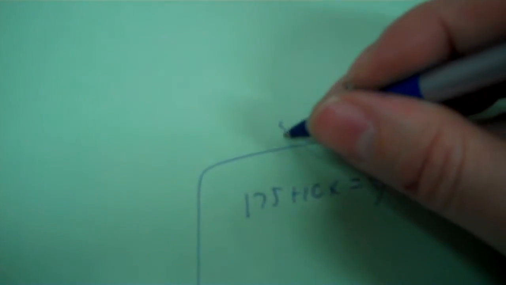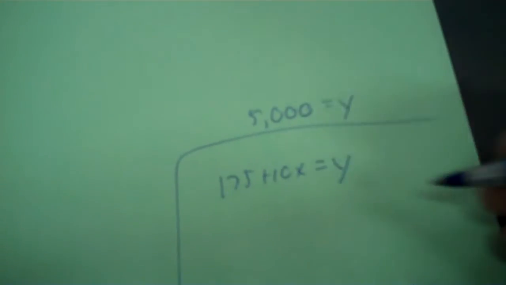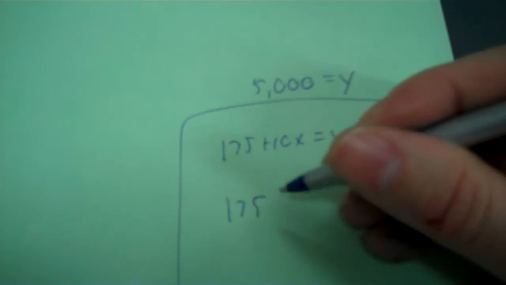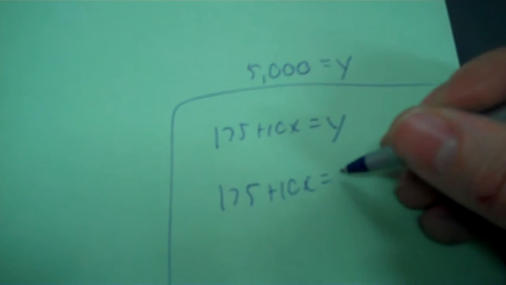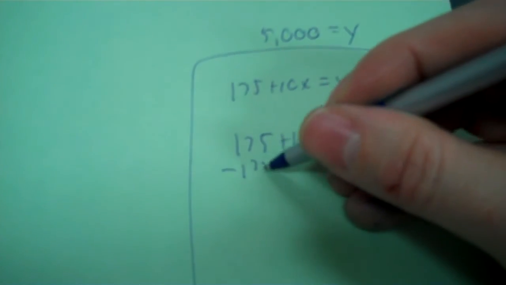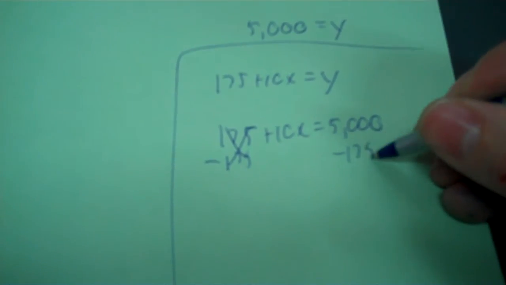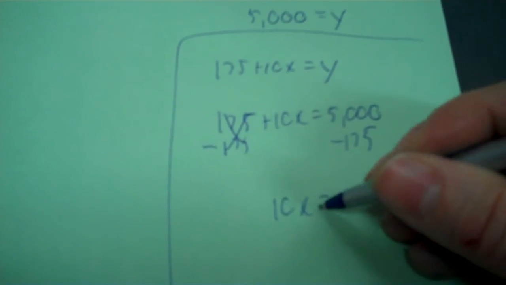And I need to put the 5,000 pieces in place of the Y, okay? Okay, so I take that out, minus 175, so 10x.